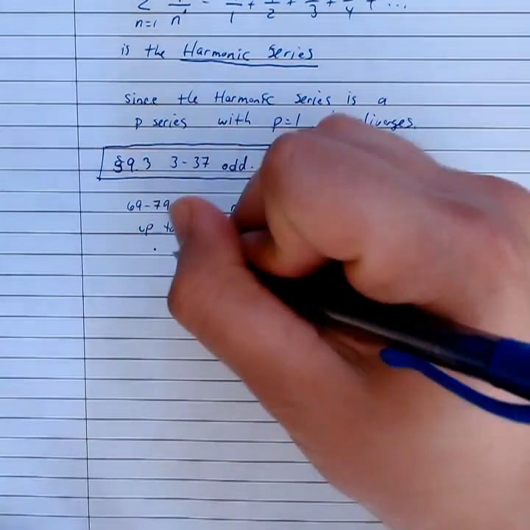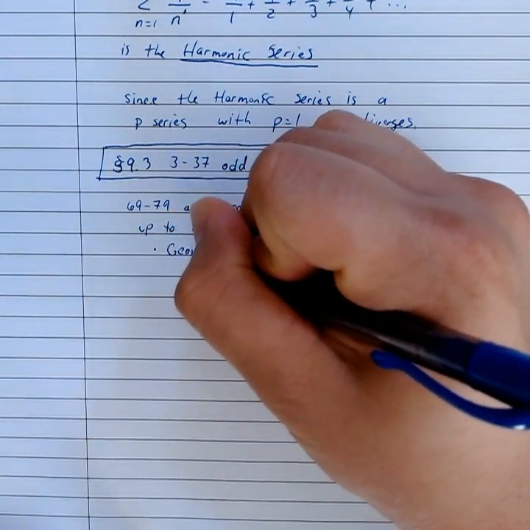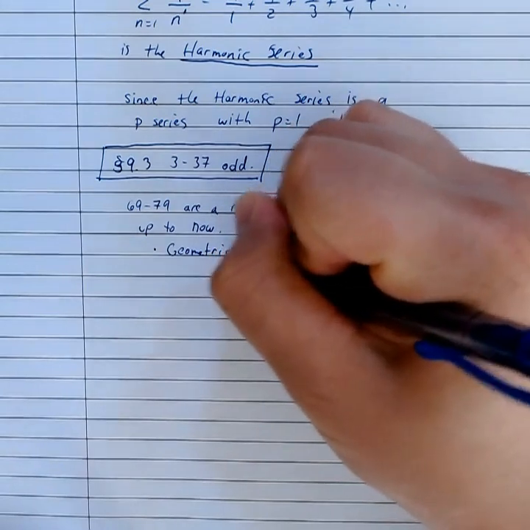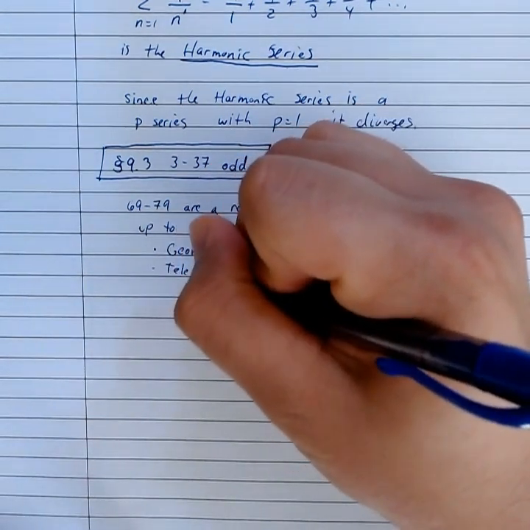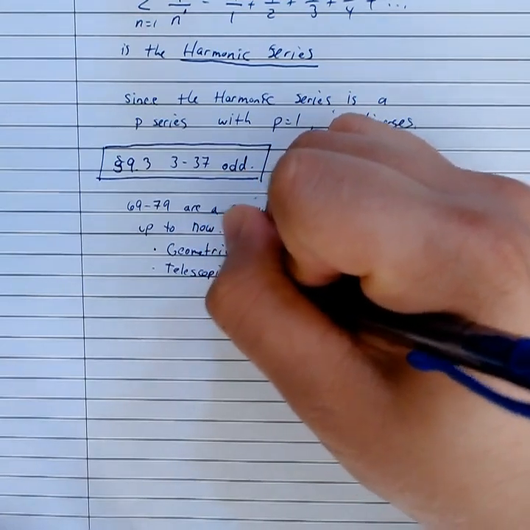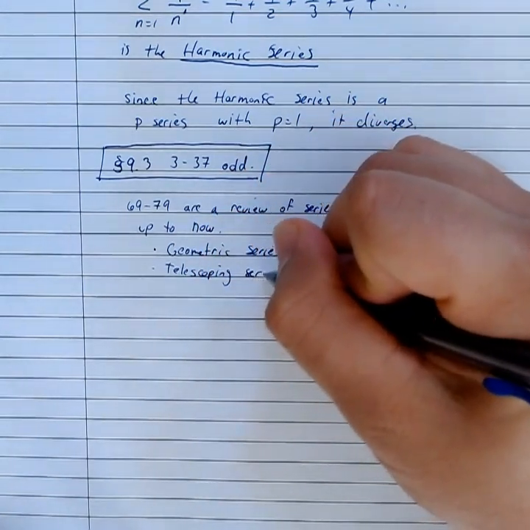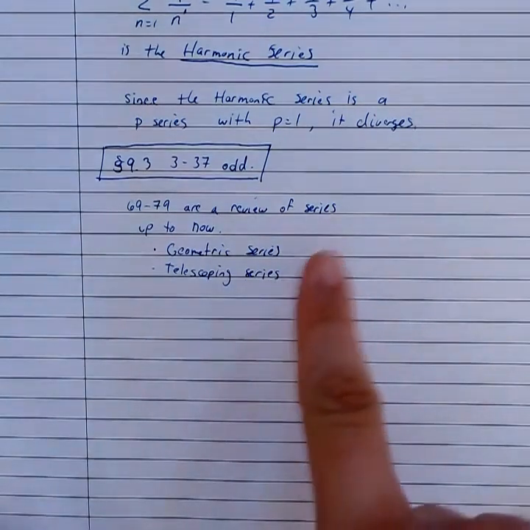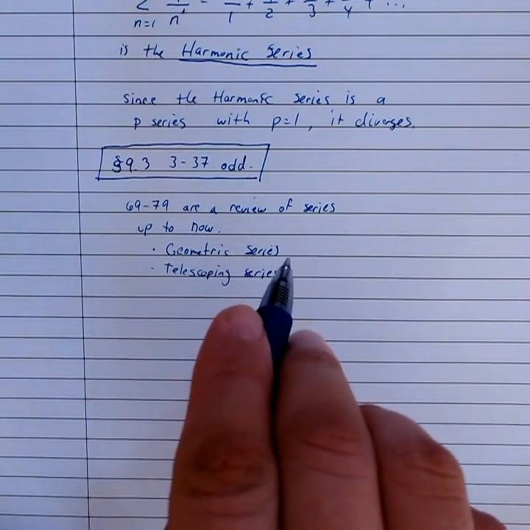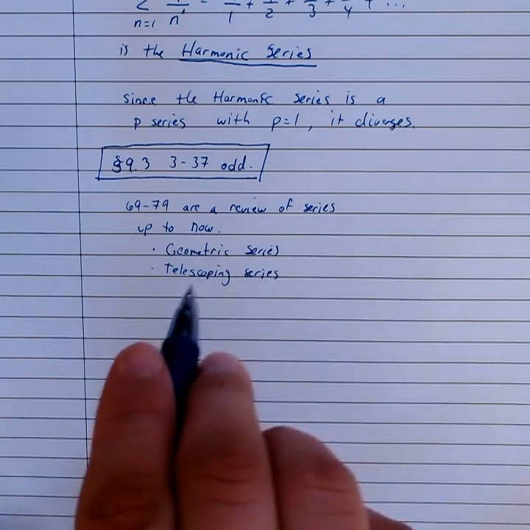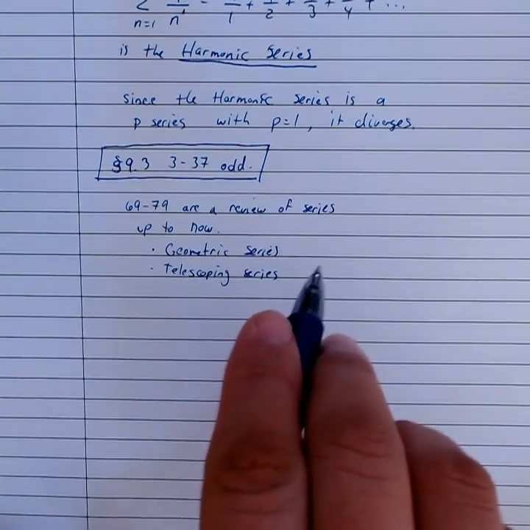Well, we haven't seen very much. We've seen the geometric series. We've seen the telescoping series. If you have a geometric series, the geometric series comes with its own test, meaning, oh, is this a geometric series? Yeah. Is r less than 1 in absolute value?